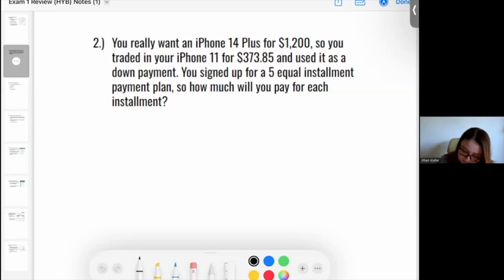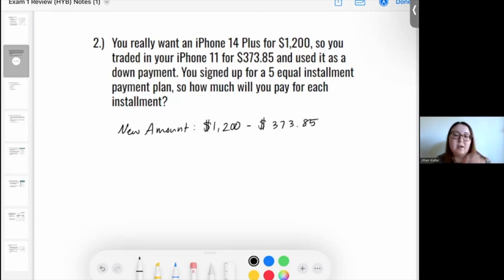So my new amount will be the original cost, $1,200, minus my down payment, $373.85. So I can go ahead and figure out my new amount.